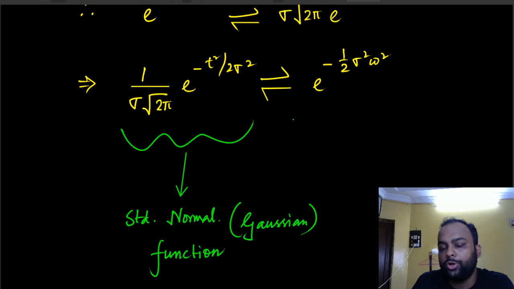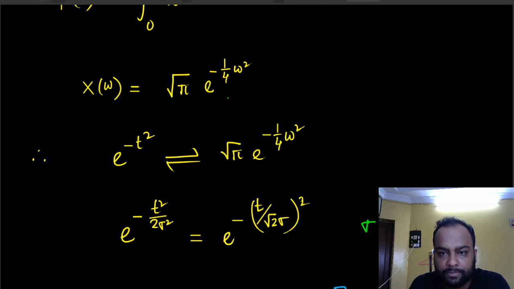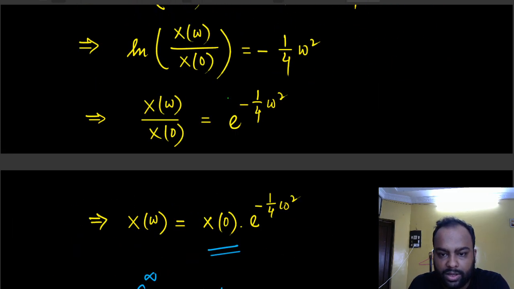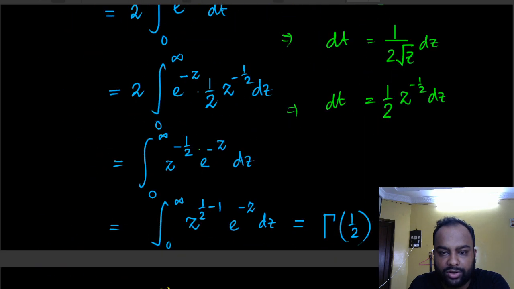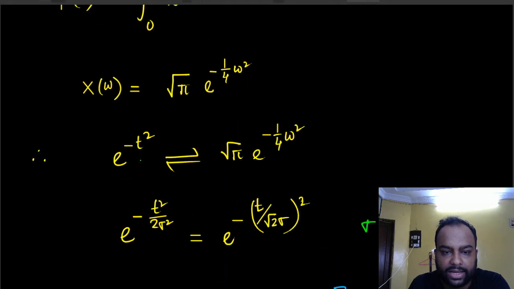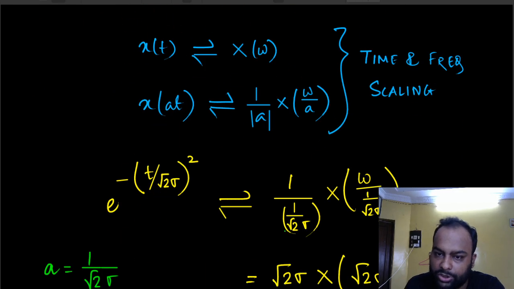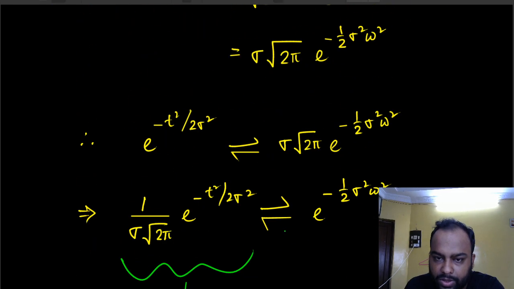But an important point to note is that the Fourier transform of a Gaussian signal is also a Gaussian signal. At the very beginning we saw that the Fourier transform of this simple thing, e to the power minus t square, turned out to be something very similar to e to the power minus omega square. So the Fourier transform of a Gaussian signal is another Gaussian signal.